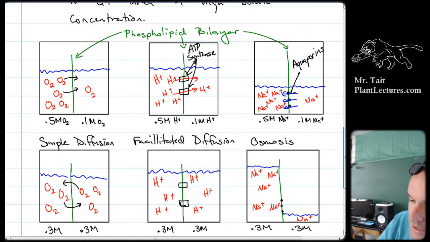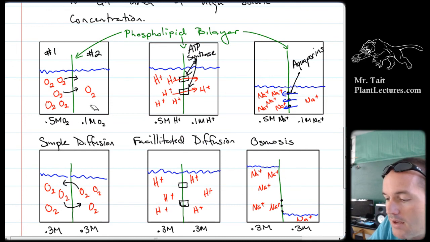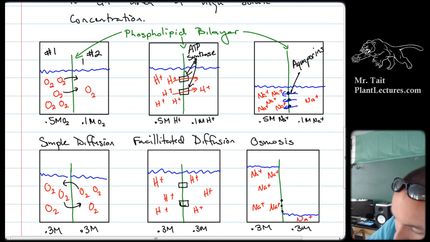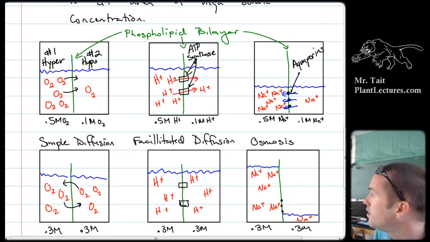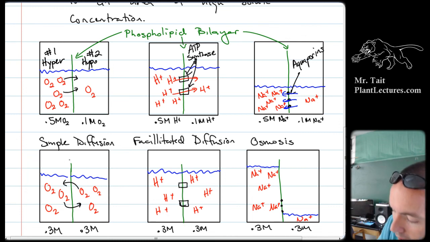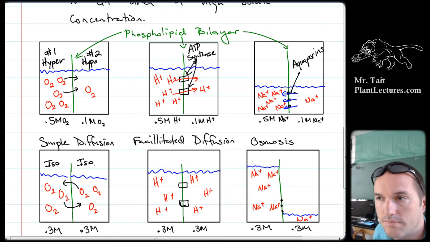If this is side number 1 and this is side number 2, we would say that side 1 is hypertonic to side 2, right? We could say side 2 is hypotonic to side 1, right? So this side would be hypo, this side would be hyper. Then we get down to the bottom. These are isotonic, right? Because they both have the same solute concentration.